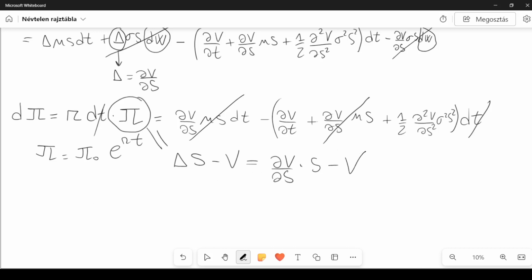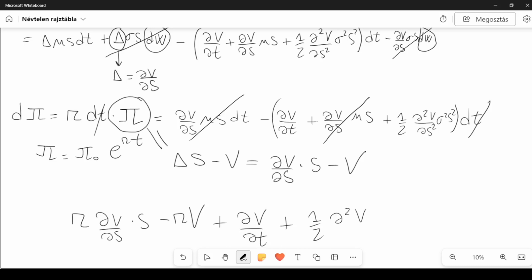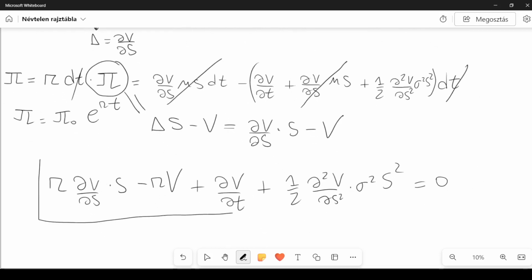So we can write it as r dv over ds times s minus rv, and then we can take these two terms to the left hand side, so we get plus dv over dt plus 1/2 d squared v over ds squared times sigma squared s squared equal to 0. And this is none other than the Black-Scholes equation.